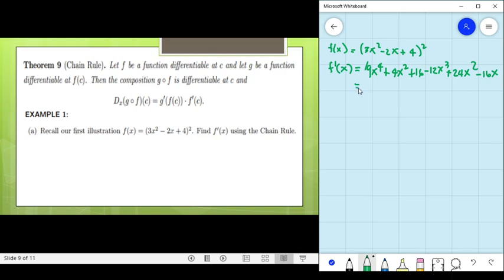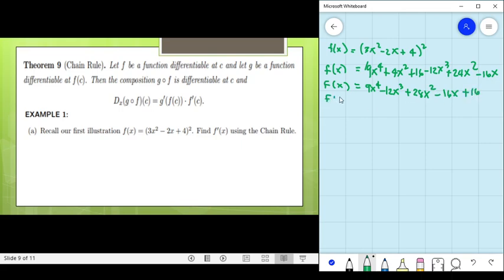So simplifying, this is still f of x, not yet the prime. So f of x is equal to 9x to the 4th minus 12x cubed plus 28x squared minus 16x plus 16.